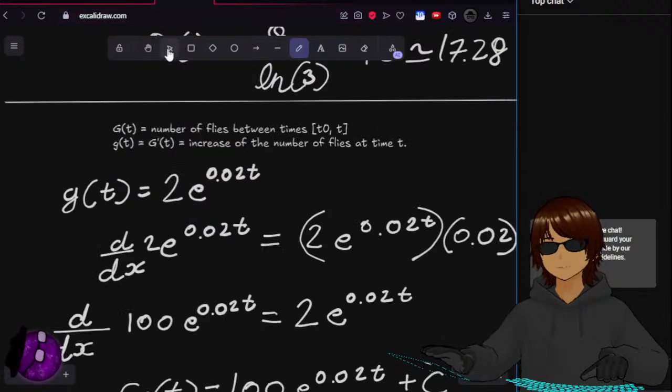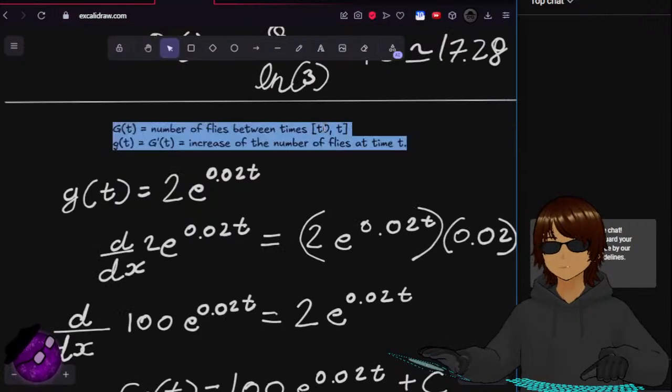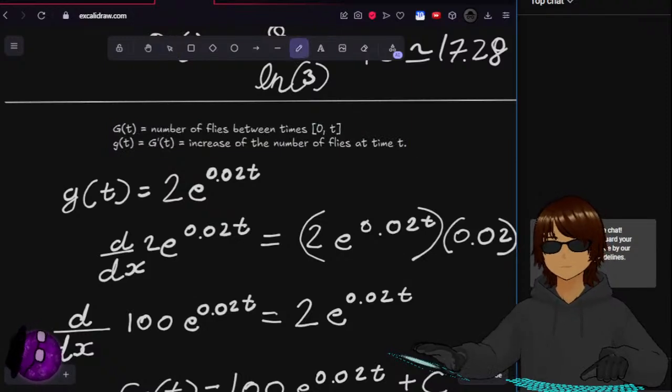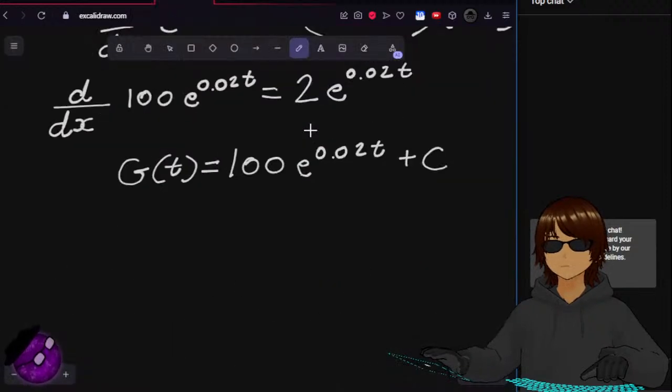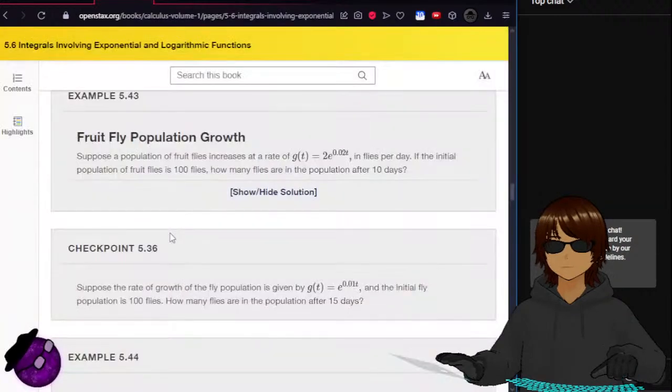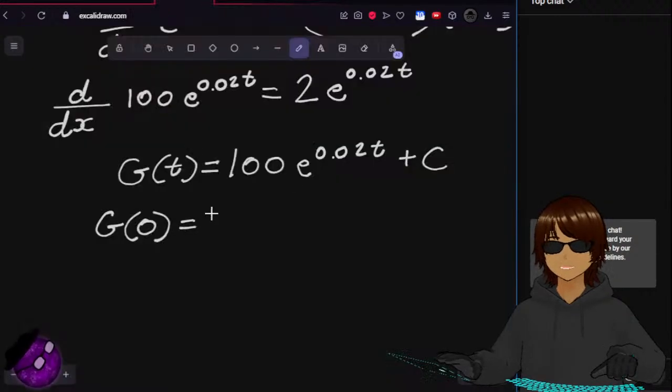Instead of t, let's call it 0. t is in days.